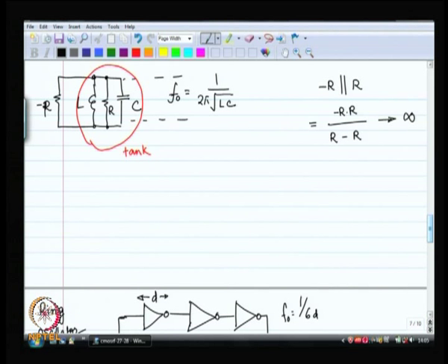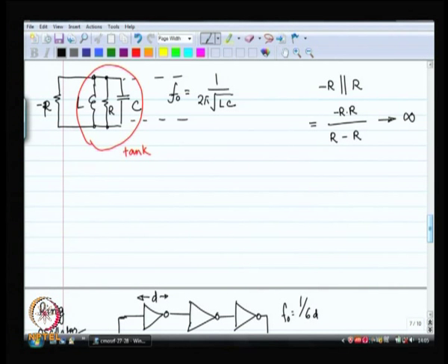And an inductor in series with a resistance can be transformed to an inductor in parallel with a resistance. So, I am basically lumping it as an inductor in parallel with some resistance, and this is the most basic form of a tank, and this is the most basic form of an oscillator.